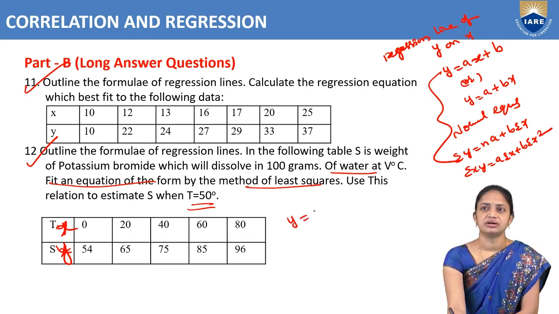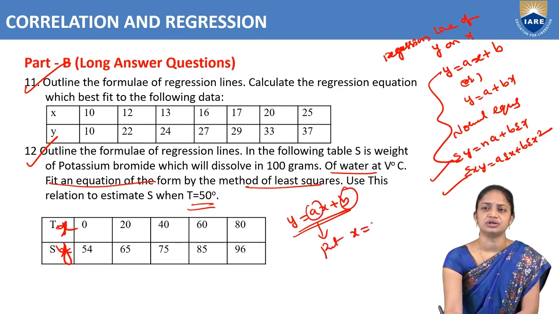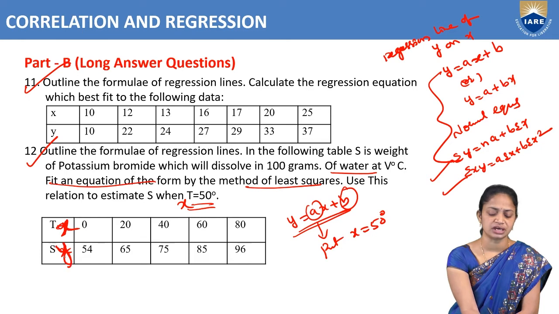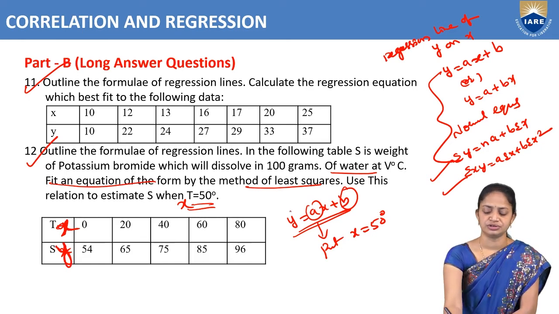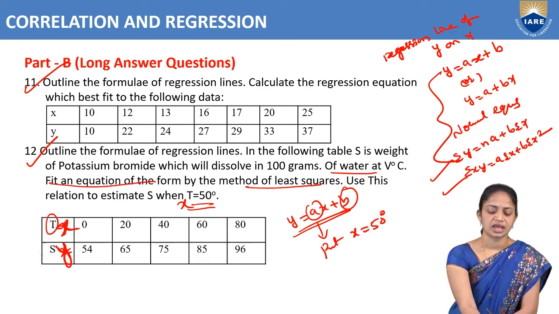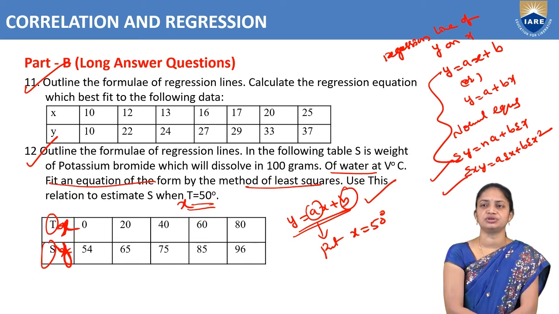Because y equal to a plus bx, after that we have to use the same normal equations, these two. Then we will get the a value and b value. After that, put x equal to 50 degrees, because these are x values and these are y values. You should focus on which is x and which is y, and based on that we use this formula, y equal to ax plus b.